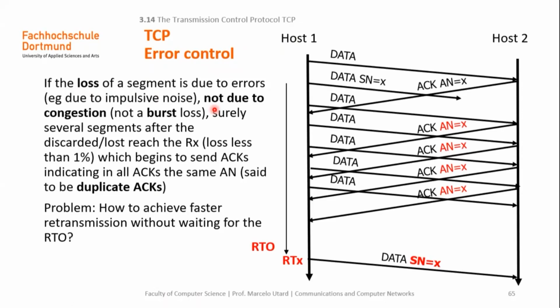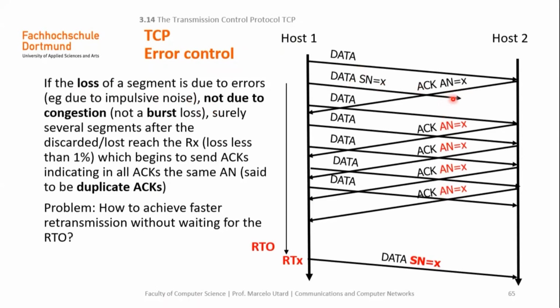Then, if there is no severe congestion, but only some errors in the network, we perhaps only lost one segment and not several segments.